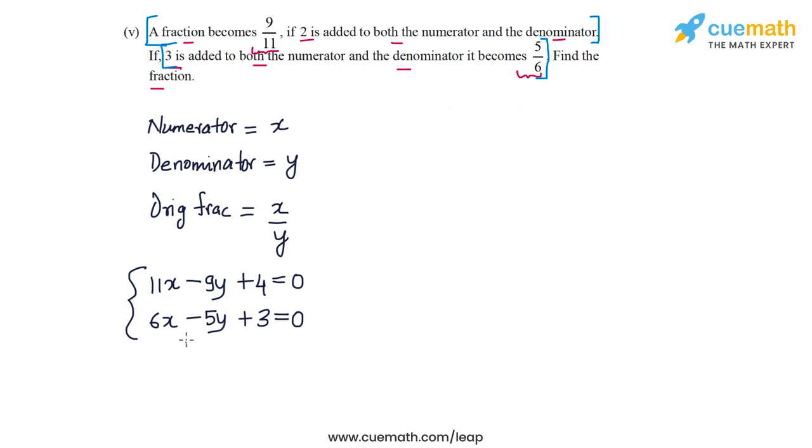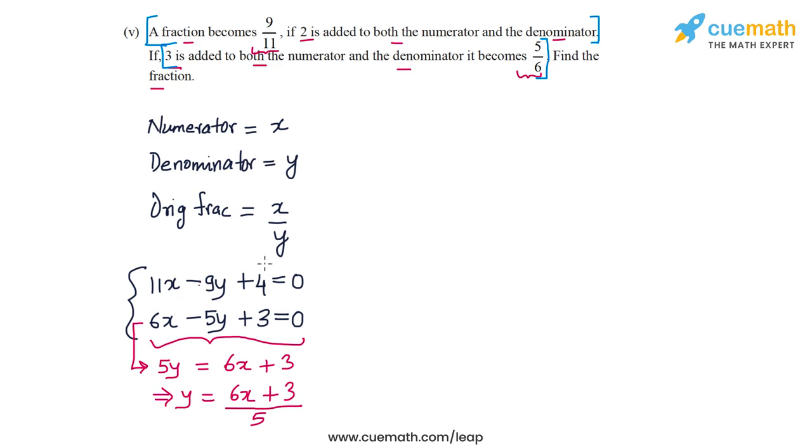From this second equation I will write y in terms of x, and then I will substitute that into the first equation. So from the second equation I have 5y is equal to 6x plus 3, or y is equal to (6x plus 3) by 5. So this value of y, I will now substitute into the first equation.